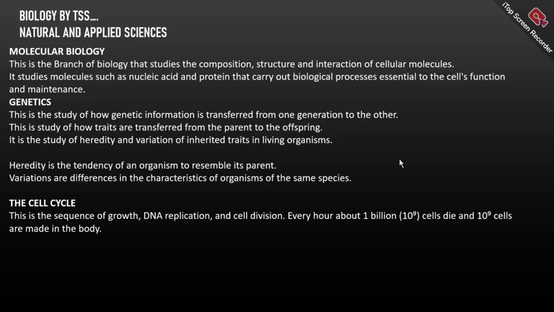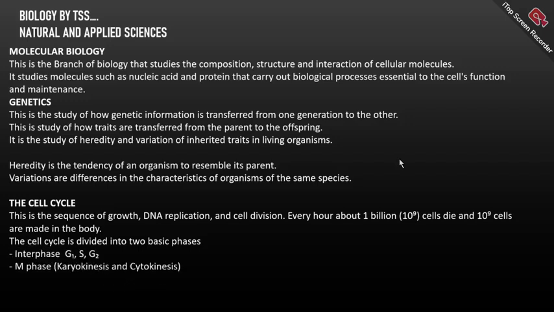The cell cycle is actually divided into 2 basic phases. That is the interphase, which is divided into G1, S, and G2, 3 phases. When we say phase, we're talking about stages. Then there is also the M phase.